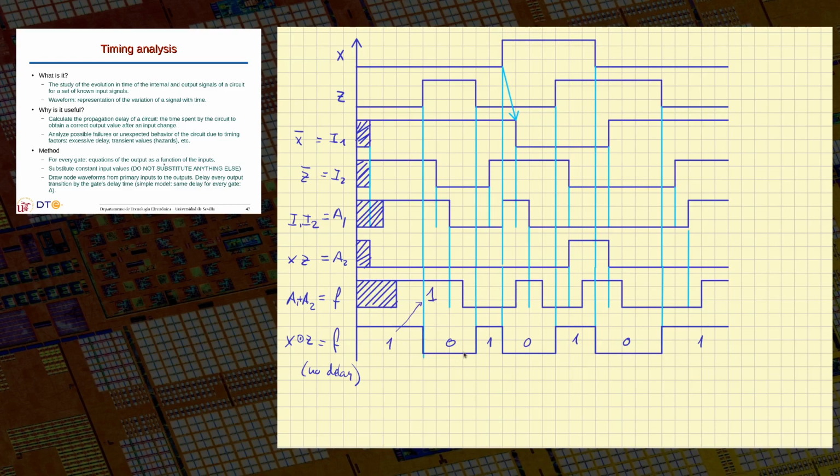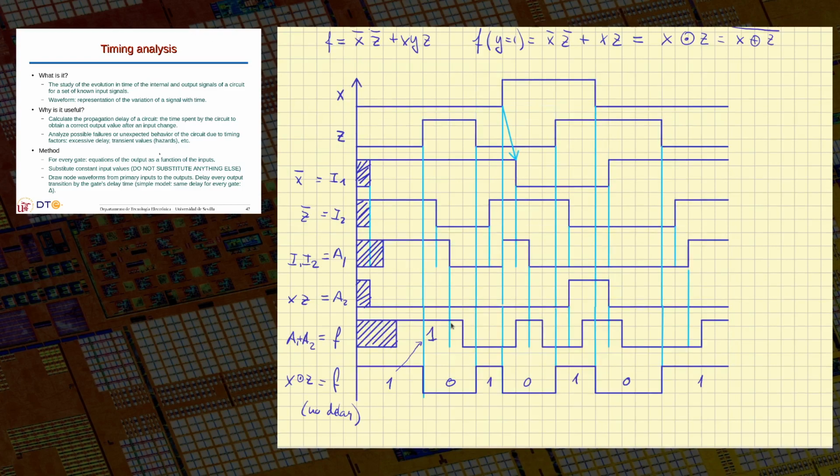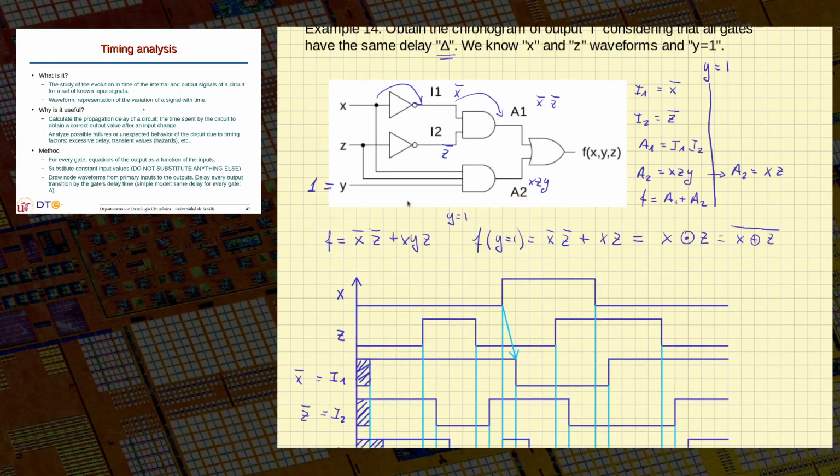Then it changes to 0, but in the real circuit there's some delay, because you see it changes to 0 because z changes to 1. The real circuit will take 1, 2, 3 delta to change to 0 here. It takes 3 delta because in my circuit the signal z to affect the output has to go through 1, 2, 3 gates.